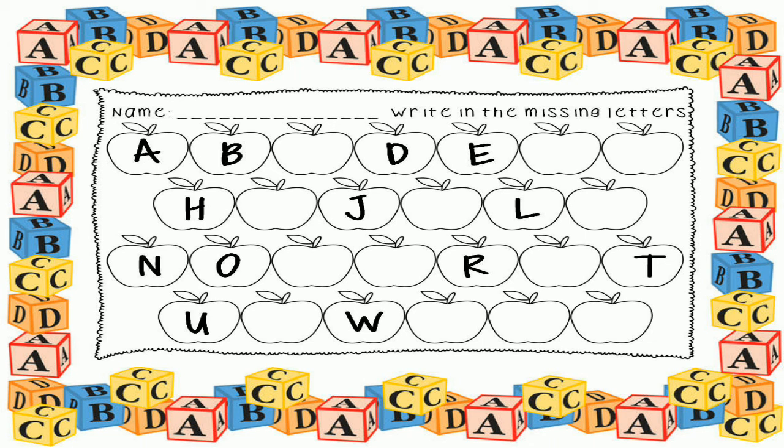So here write a missing letter. In this question, so many letters are missing. So we write all the letters. A, B, then which letter comes next? Yes, it's C. So we write C. Then D, E, F, and G. So here we write F and G. Very good.